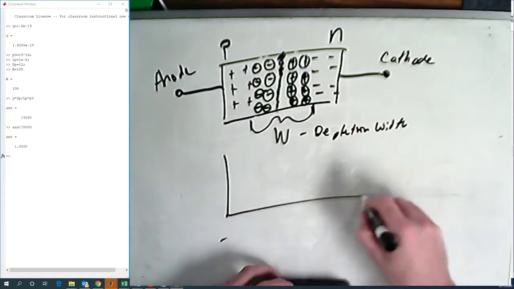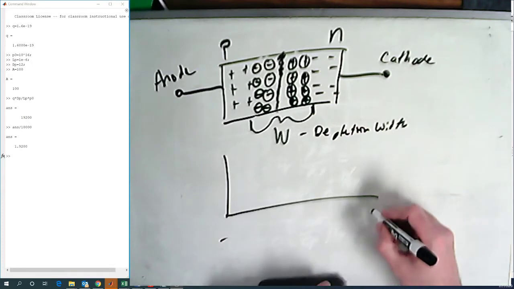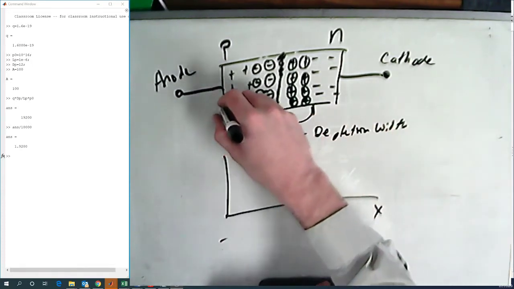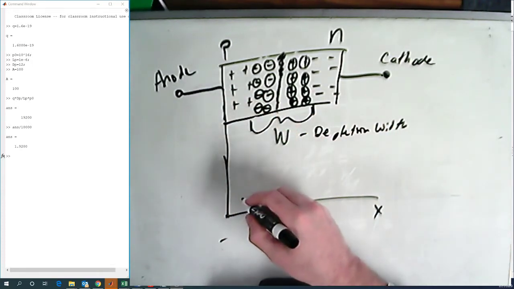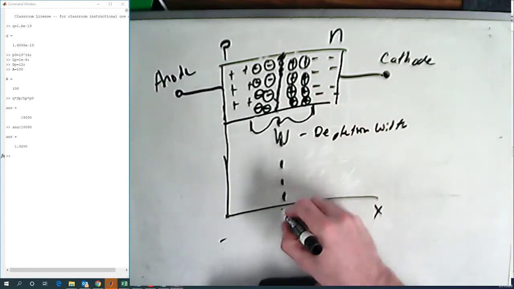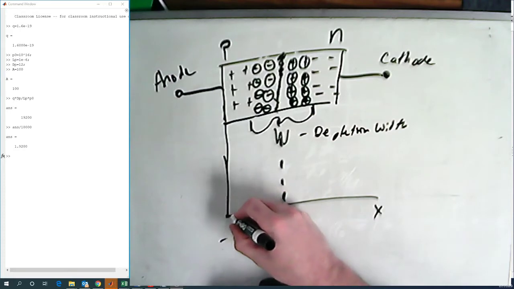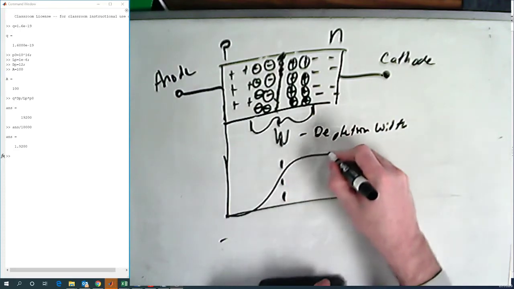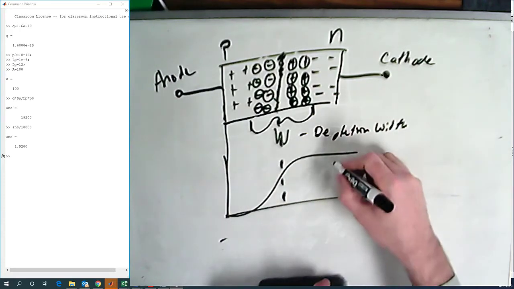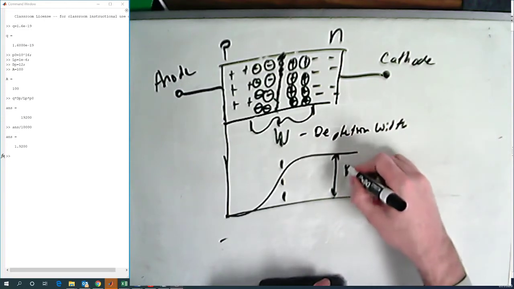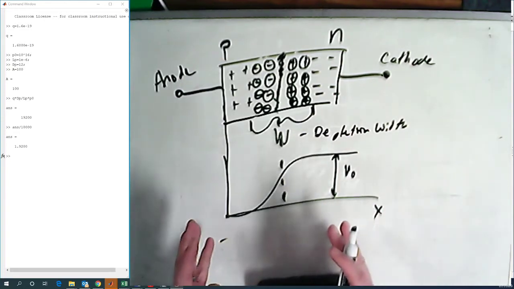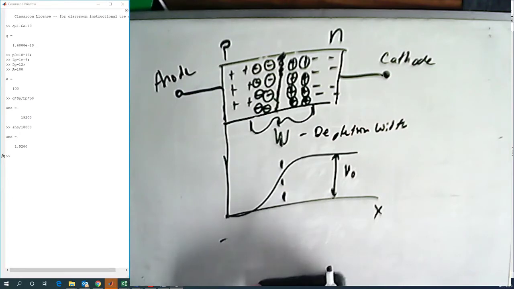And if we were to plot this, and we were to say this is X, given that this is lined up perfectly with that, and then we have a 0 voltage line that goes down here, what we end up with is potential. And this makes sense. It kind of looks like the anode-cathode battery type configuration.